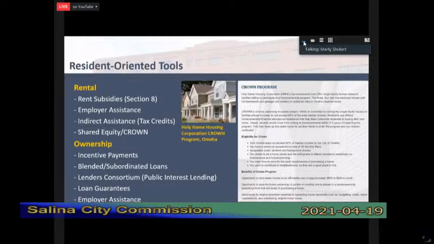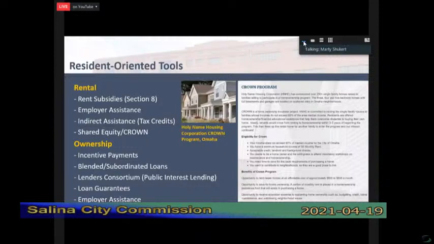From an ownership perspective, there are incentive programs that are direct, or payments that are basically paying somebody something to buy a house. They might also be down payment assistance, which I didn't list as such here, but that's also an incentive payment.